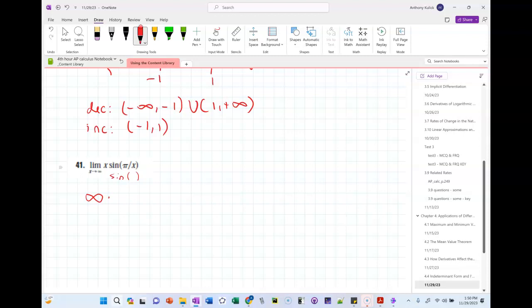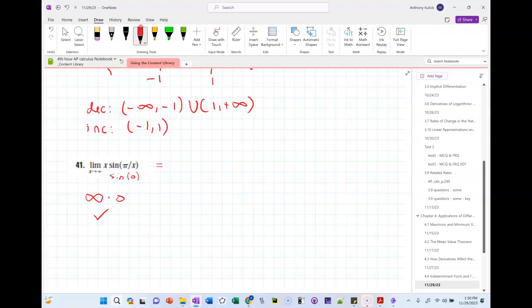If I plug infinity into pi over x, 0 is correct. And what's sine of 0? 0. So that's one of the indeterminate forms. So we're going to need to apply L'Hopital's rule to evaluate this.